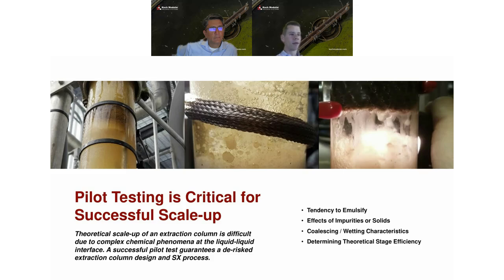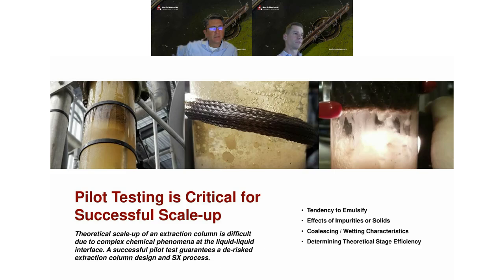So that's something we very often work with customers on when we're developing a process, is identifying solvents, testing a series of solvents to identify the one that's most effective, then doing more testing to generate an equilibrium curve, defining those distribution coefficients across a range of solute concentrations. That's something you also always want to do. Then moving on to pilot testing and then scaling up from that.